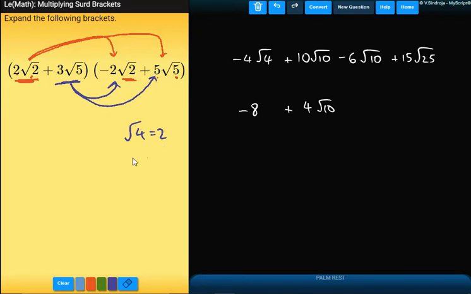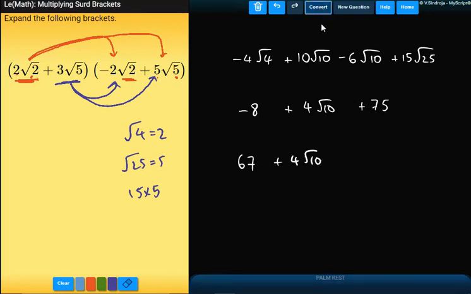Now this is going to be 15 times root 25. Root 25 is 5, and 15 times 5 is 75. Take away the 8, so 75 minus 8 is 67, plus 4 root 10.